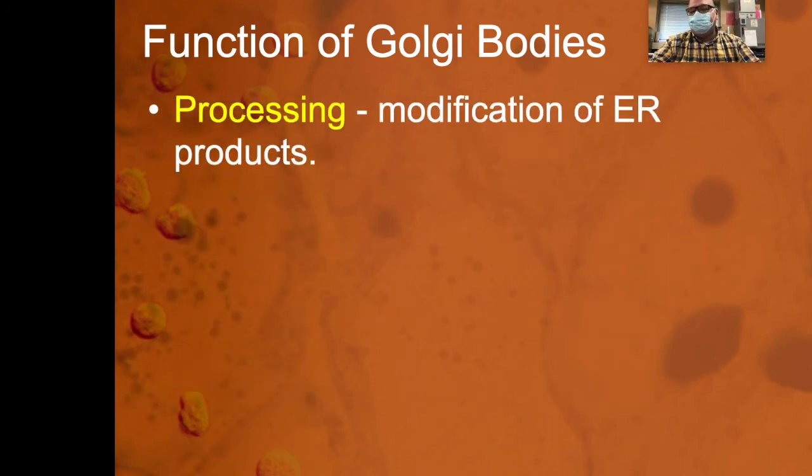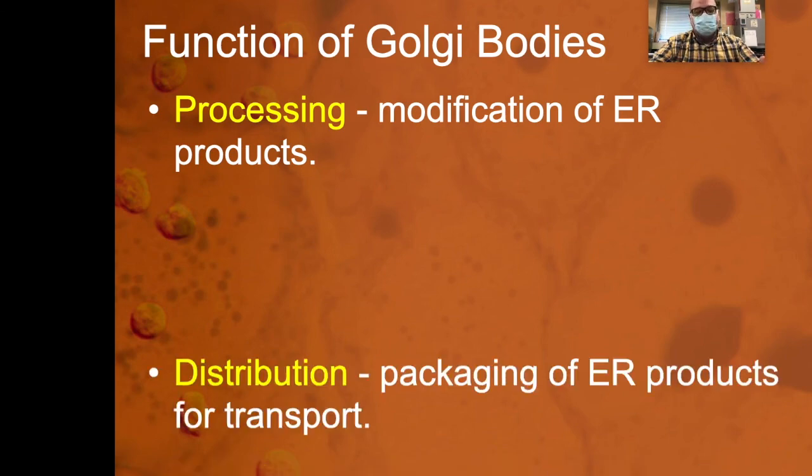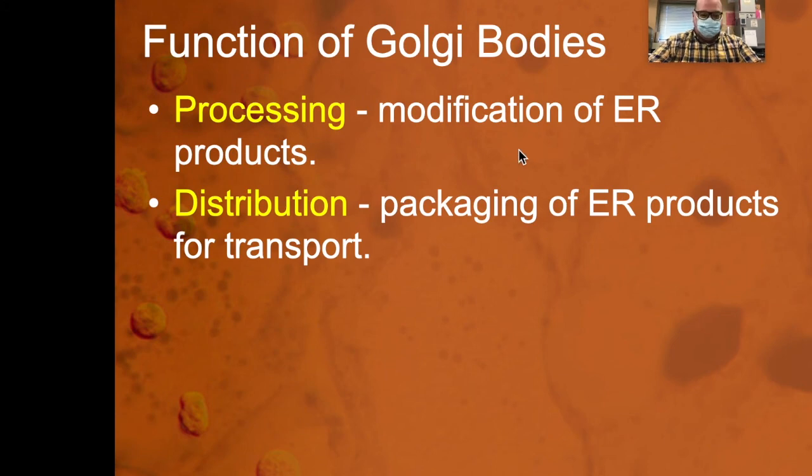So you might see things in the endoplasmic reticulum be modified here. So something, usually an enzyme, will work on this, either build it up or break it down. Distribution. Now, not really meaning spread out, but meaning loading for transport, okay? This is sort of like, if you think of the ER as manufacturing, this is more of the packaging department. We're going to pack it up.